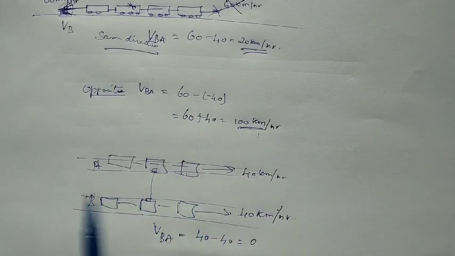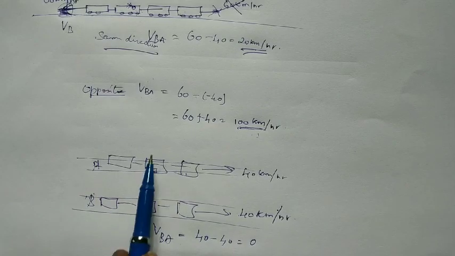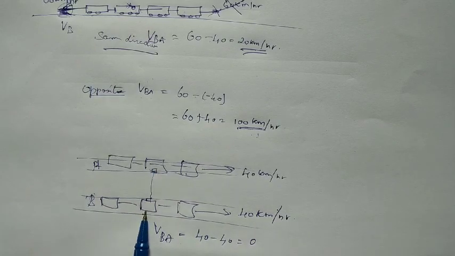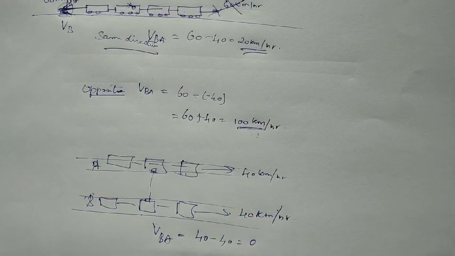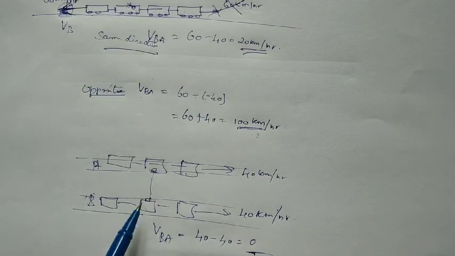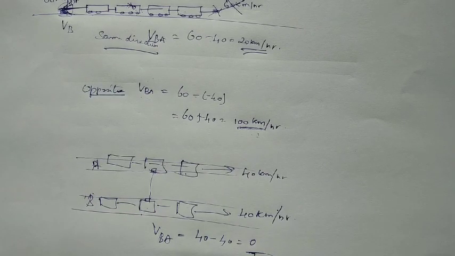No difference, no change. It seems you are at rest and the other is also at rest. If you keep looking at them for a long time, it looks like both of you are in the same state of rest. You are imposing your speed on the other one in the opposite direction and you feel yourself to be at rest. So that's why it is called relative velocity of one with respect to another.